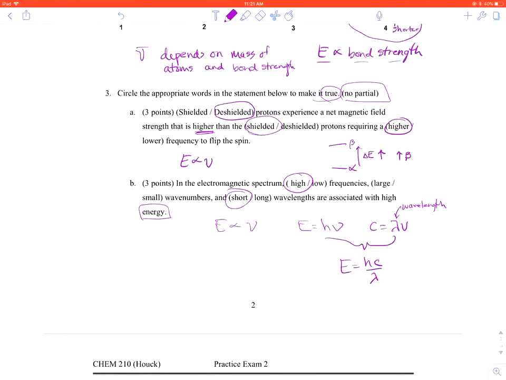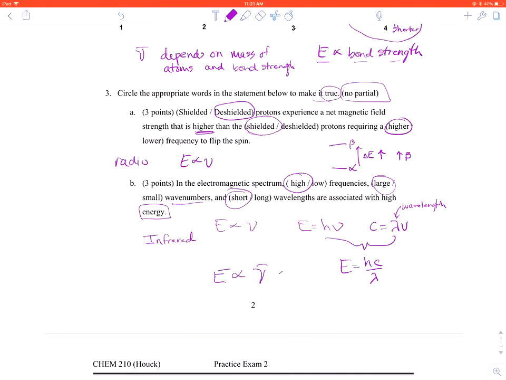And then how does that relate to wave number? Well, it's large wave numbers because wave number is proportional to energy as well. Okay, so knowing those concepts and relationships in the electromagnetic spectrum will be useful. Keep in mind that IR spectroscopy uses infrared, hence the name IR, and then radio waves are used in NMR.